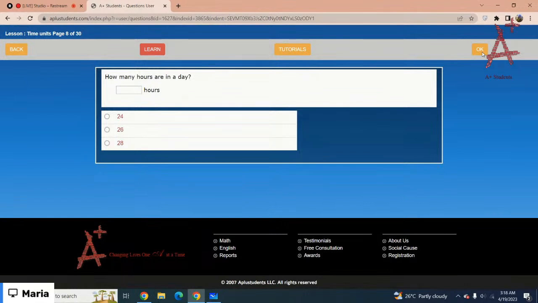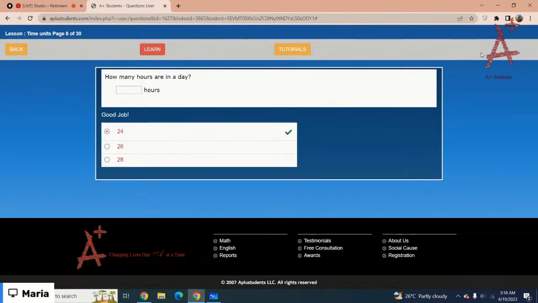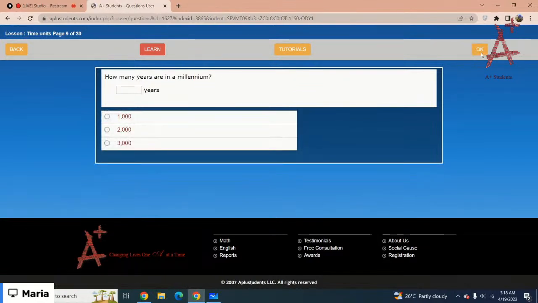Yes, that would be 24 hours in a day. Got it? How many years in a millennium? So, which is the correct option? That would be 1000. Very good.